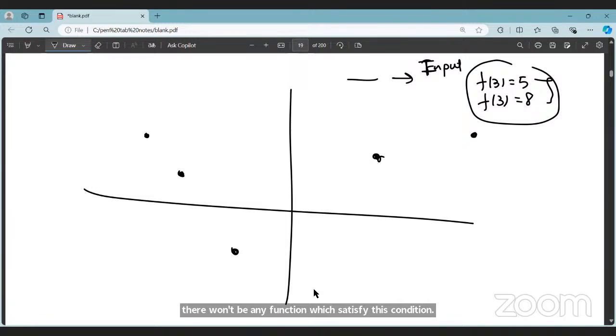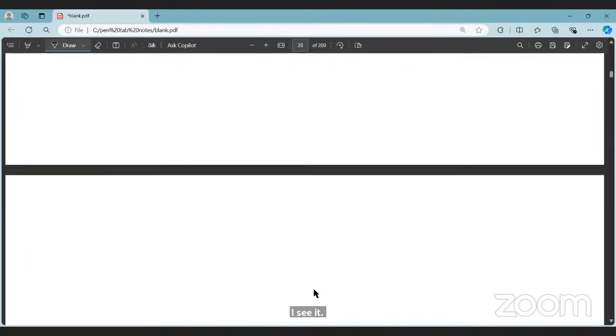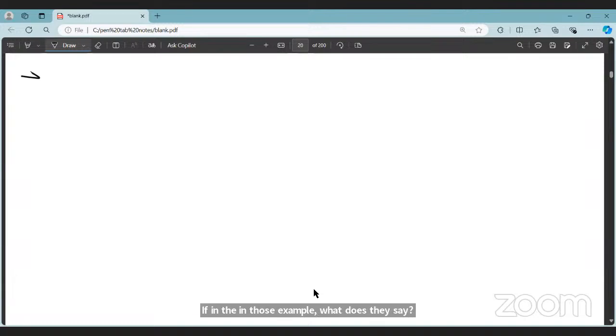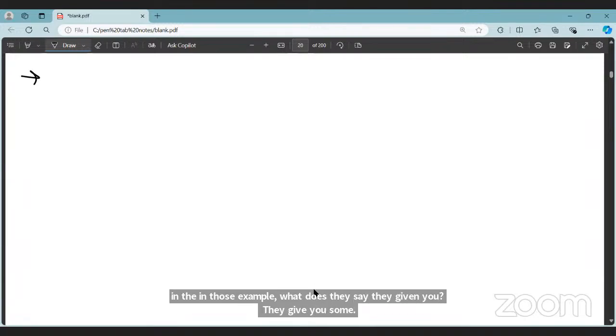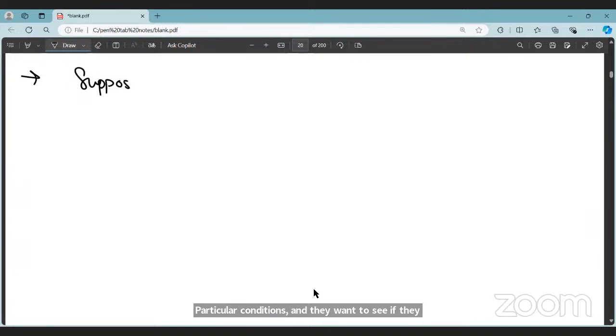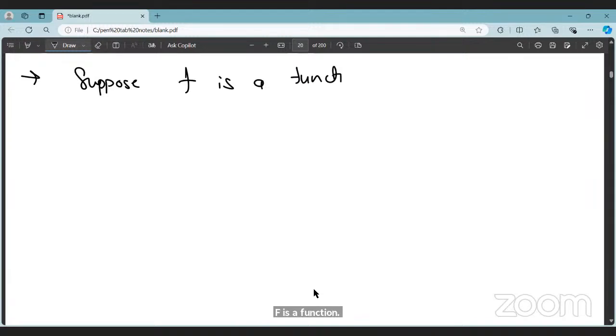I said, in those examples, what do they say? They give you some particular conditions and they want to say whether something exists or not. Suppose I give you a condition. Suppose f is a function.